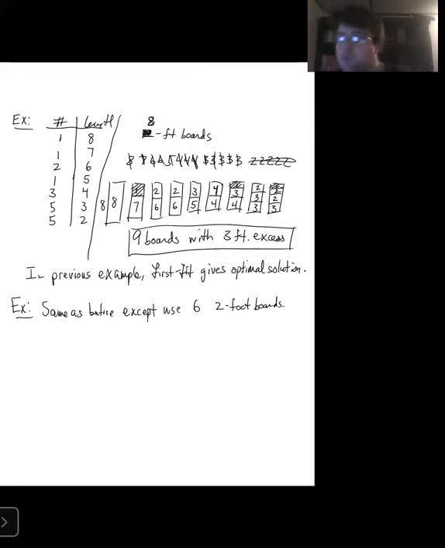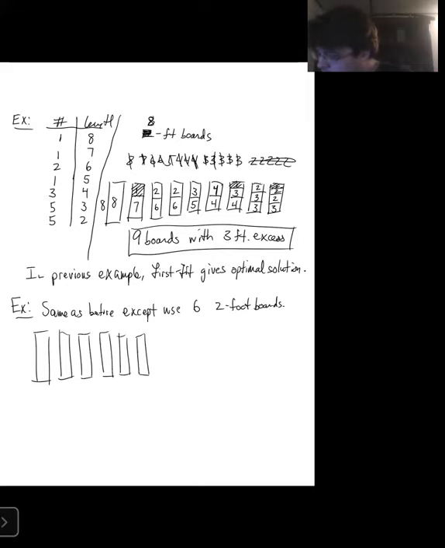Now, how does that change? Well, everything up to the 3s is the same. So I am going to have to redraw this. So I'm just going to redraw everything as it was until the 3. So how many did we have? We have 9. So it's the same as before. We had an 8. These are 8-foot boards.